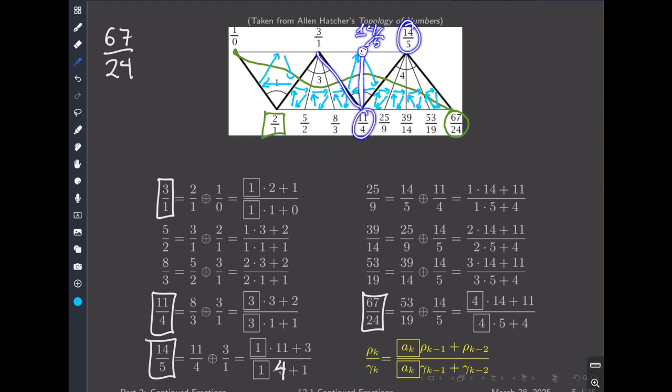You see, to obtain this one, I added 2/1 and this. For this one, I still added 2/1 and this, but it's in the next one where you can actually see that the one that is repeated is not 2/1, it is this one.